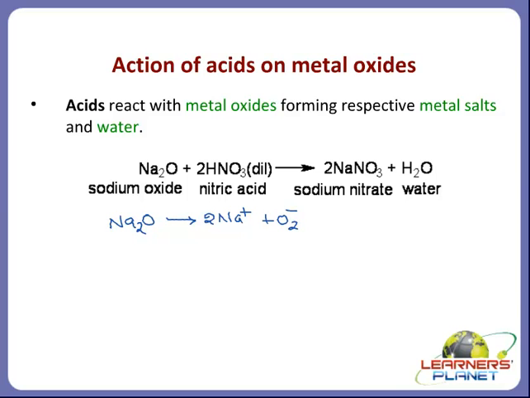What I have to write here is O2 minus ion, that is your oxide ion. Children, it is oxide ion, and HNO3, that is nitric acid. This will dissociate into H plus and NO3 minus ion.